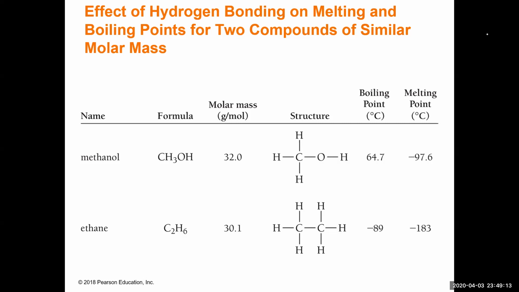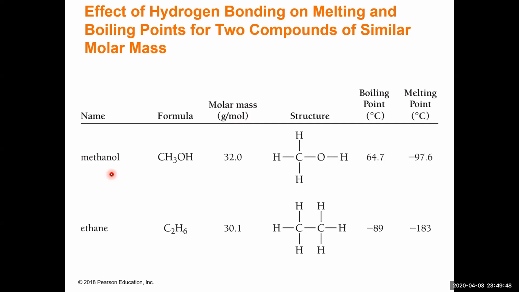Here we can see the effect of hydrogen bonding on melting and boiling points for two compounds of similar molar masses. Again, we're comparing to ethane. Ethane is C2H6, which only has dispersion force, whereas methanol, CH3OH, which has a similar molar mass, has dispersion forces, it also has dipole-dipole forces, and it also has hydrogen bonding.